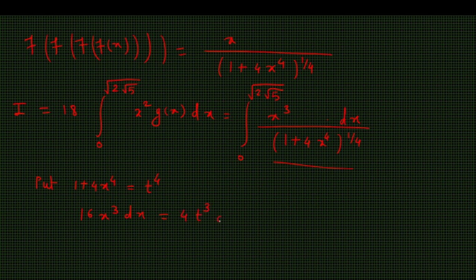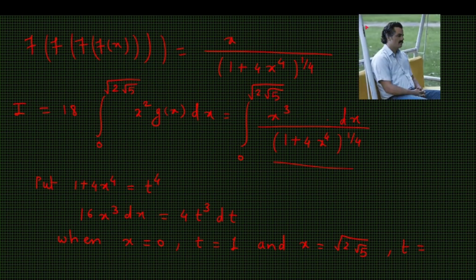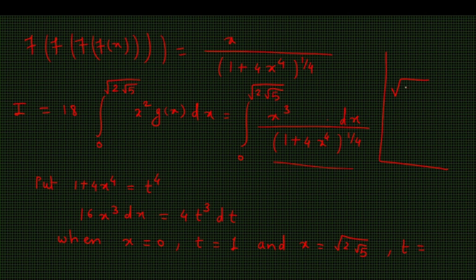Now, differentiate this term. We will get 16x³ dx is equal to 4t³ dt. Now, the limits will get changed. When x is equal to 0, then t is equal to 1, and when x is equal to √2·√5, then t will be equal to, we have to find this term. So let's solve for this.